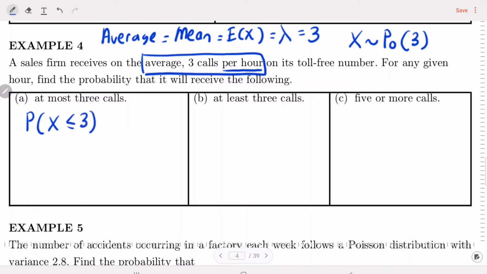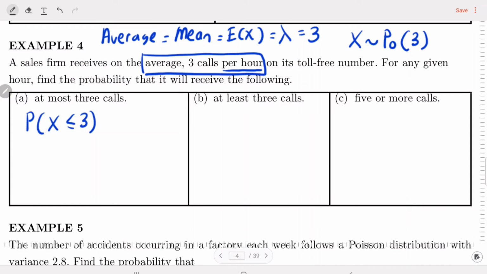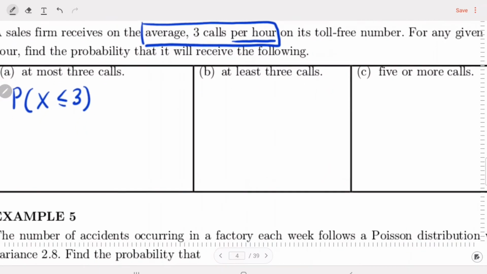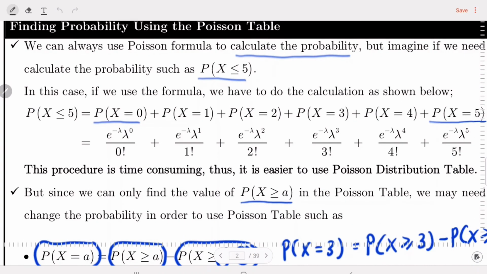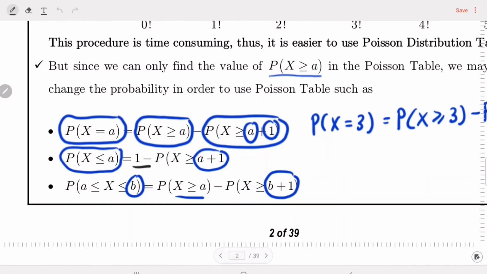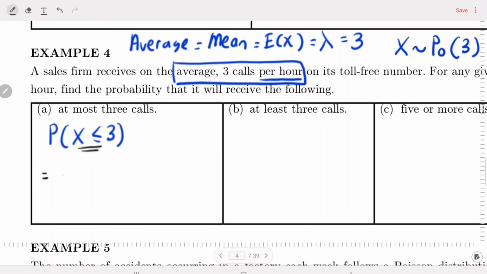So there are two options. We can use the formula, or we can also use the Poisson table. So to use the Poisson table, we need to change it into x greater than or equal. So for x less than or equal, it's going to be 1 minus probability x greater than or equal to that value plus 1.